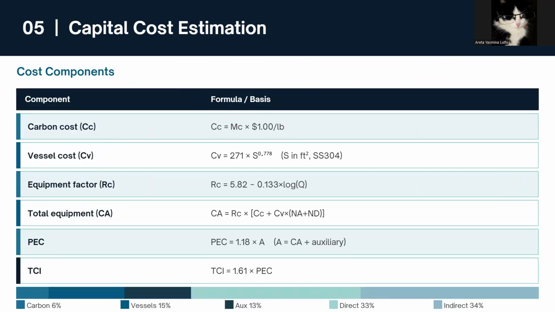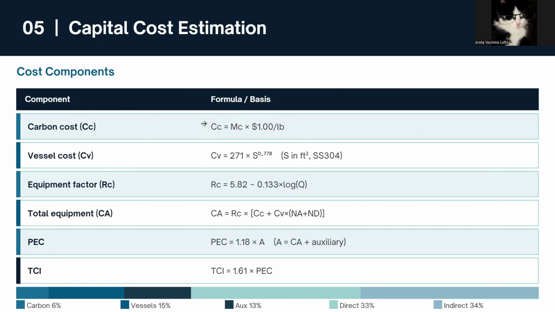And then the total capital investment is built from the following components. So the carbon cost itself is given by this formula, and this reflects economies of scale, that larger vessels cost more but not proportionally.